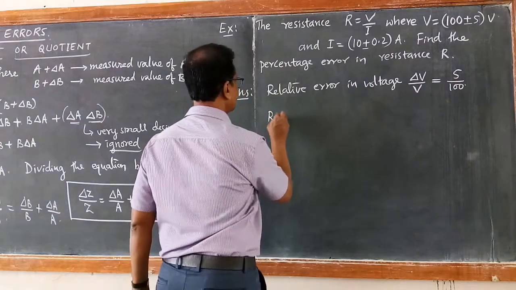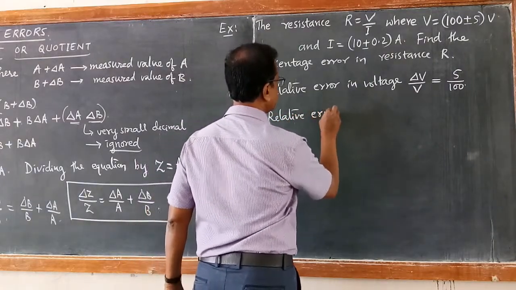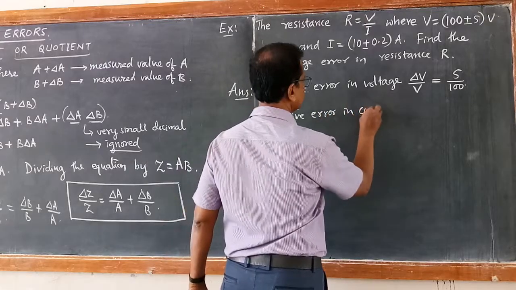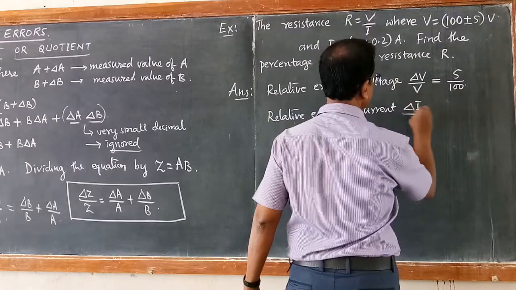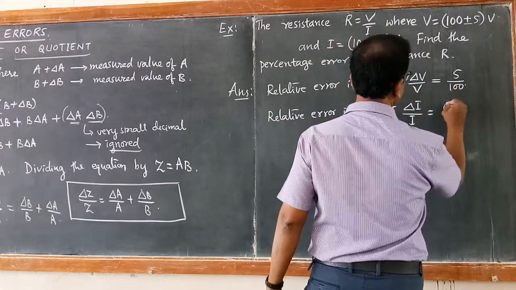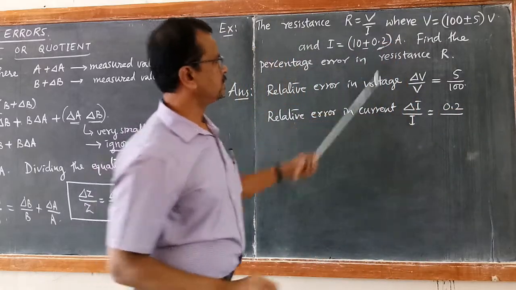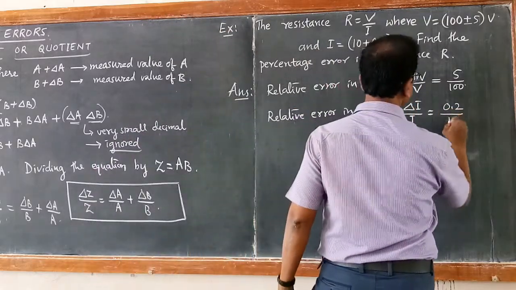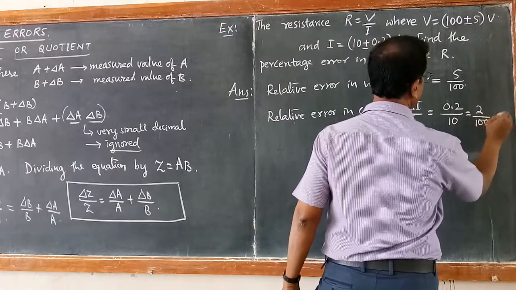Then the relative error in current, delta I by I. Delta I is 0.2. Look at this. 0.2 divided by 10. So this becomes 2 by 100.